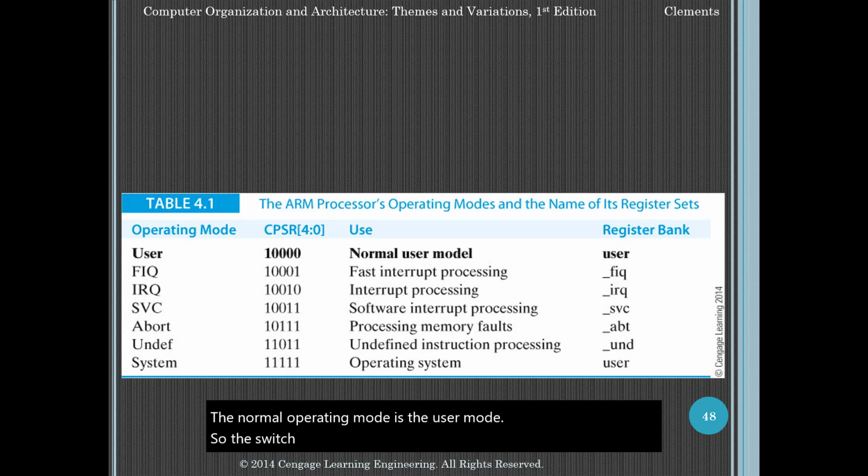The switch between modes takes place whenever an interrupt or an exception occurs, and each of these modes has kind of its own saved program status register that is used to hold the current CPSR when the exception occurs. So these exceptions switch in new registers, like register 13 and 14, they're indicated by these names in the table.